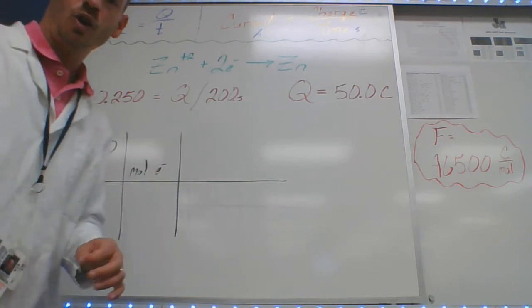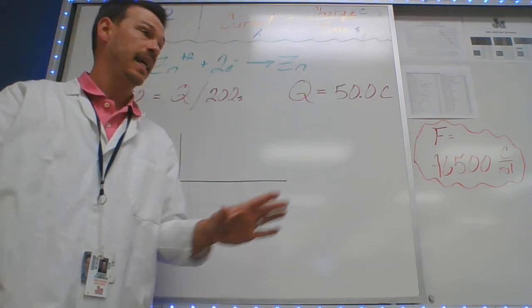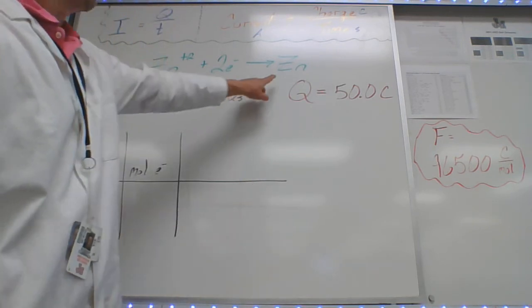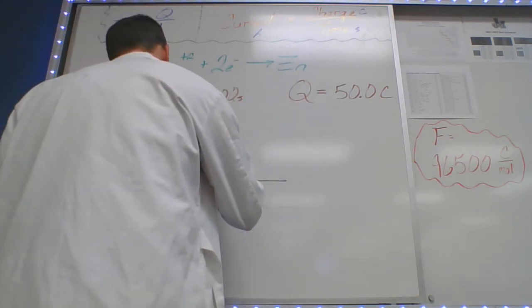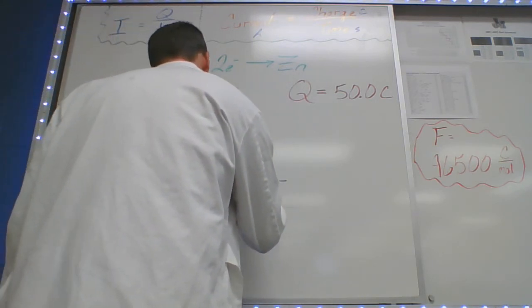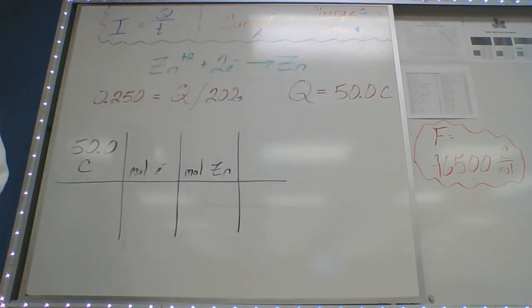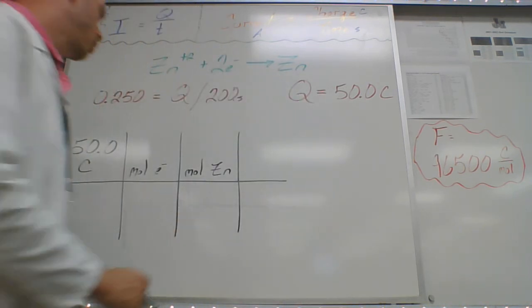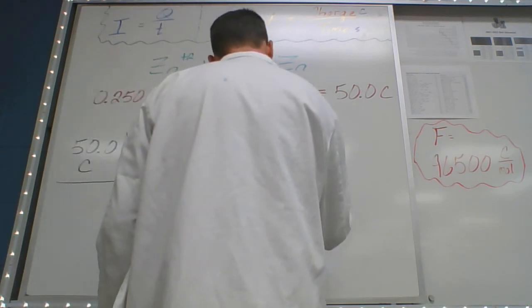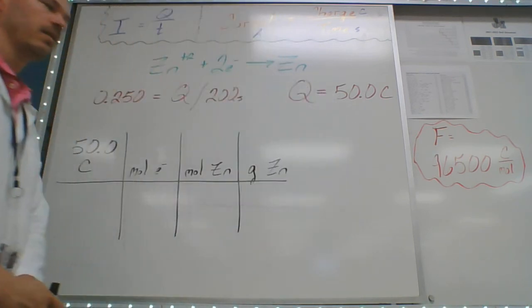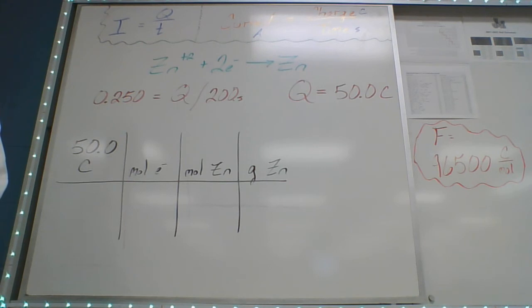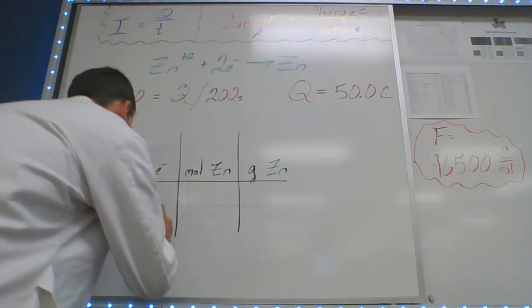From moles of electrons, you can go to moles of anything in the equation. This question wants to know grams of zinc, so let's go to moles of zinc first. And then, of course, moles to grams. Bring down all the diagonals.